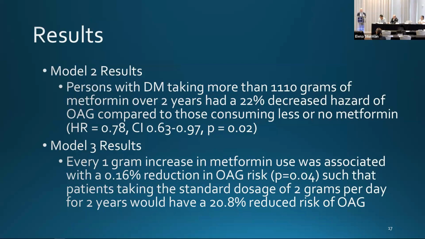When we looked at daily use on a continuous level, every 1 gram increase in metformin was associated with a 0.16% reduction in glaucoma. The standard dose of metformin is 2 grams a day. So someone taking 2 grams a day for 2 years would have about a 21% reduced risk of glaucoma.